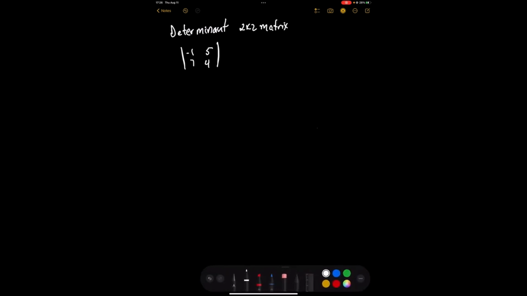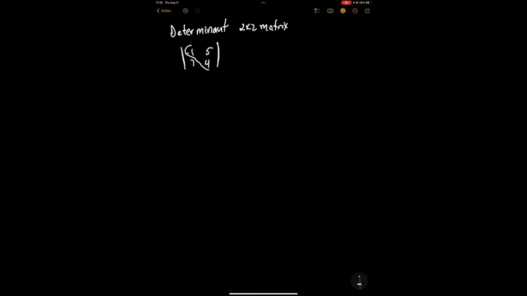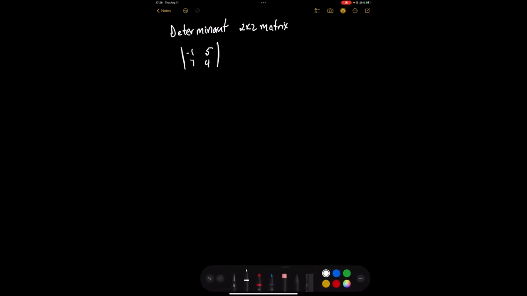For a 2 by 2 matrix, all you do is you multiply the first diagonal from left to right. You multiply the first diagonal.